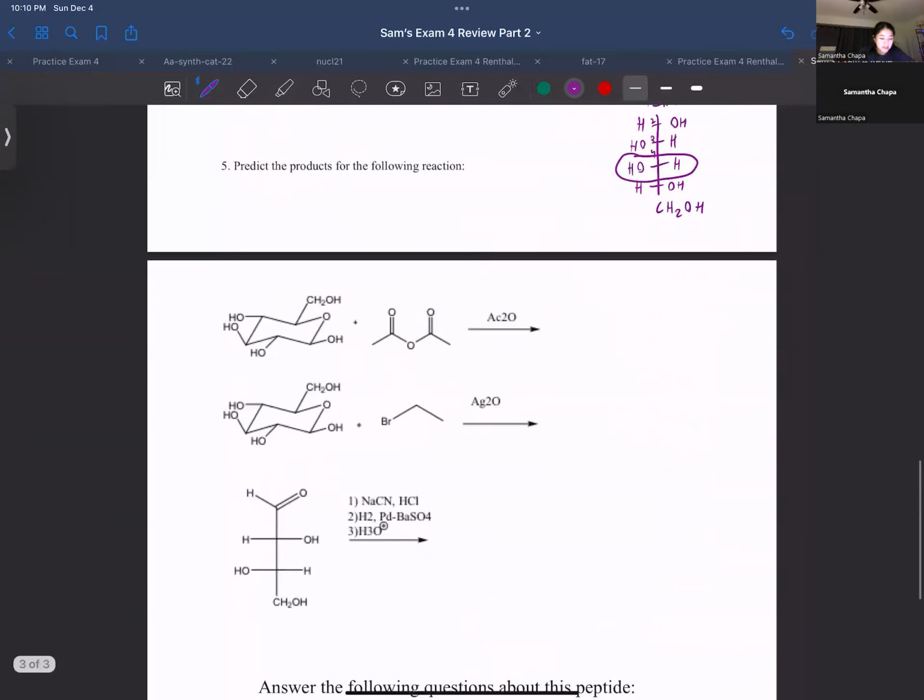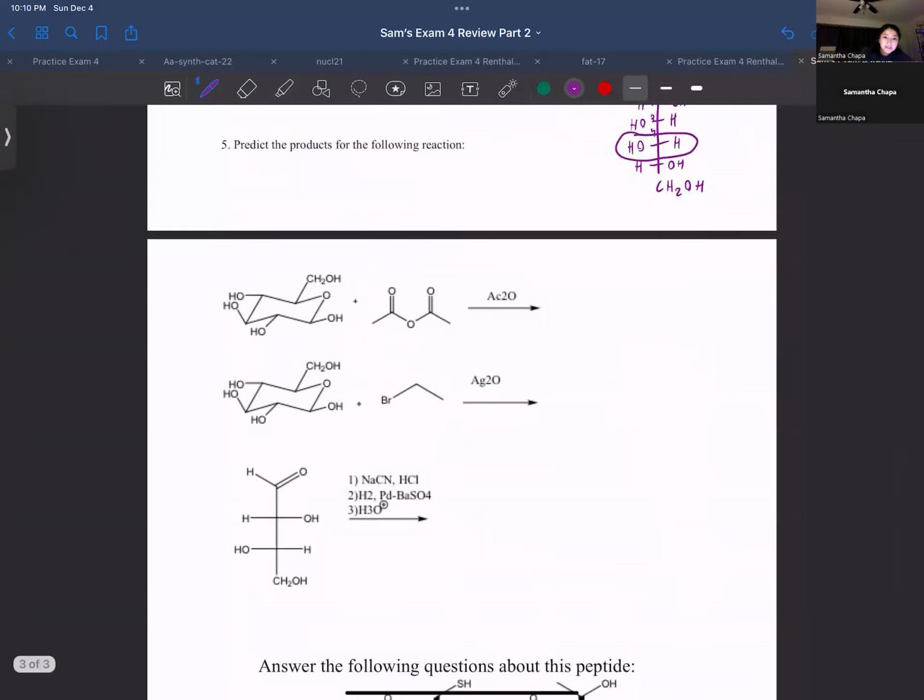Let's do these last ones. These are predicting the products, and they aren't too bad. I messed up on this one. I believe this is just Ag2O. It looks different, but it's the same as what we've been working with. It's like when we react an anhydride with an alcohol, because all of these are alcohols right here.